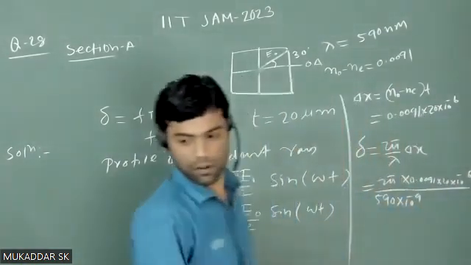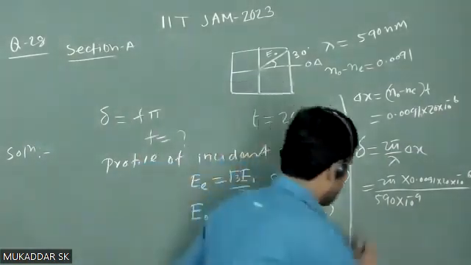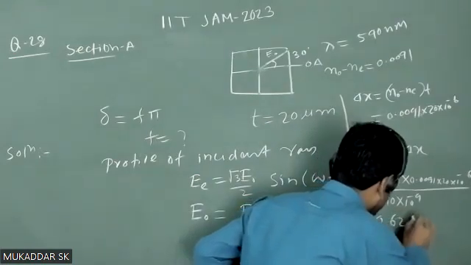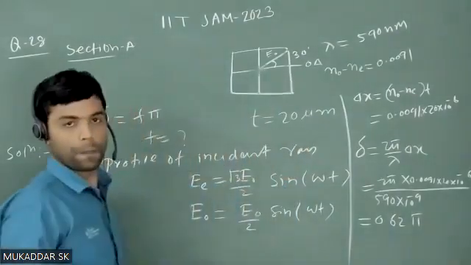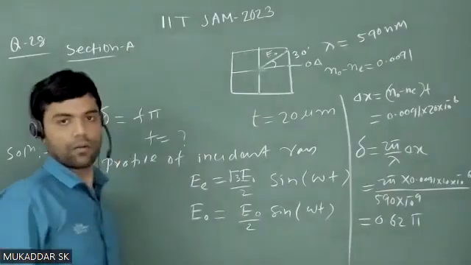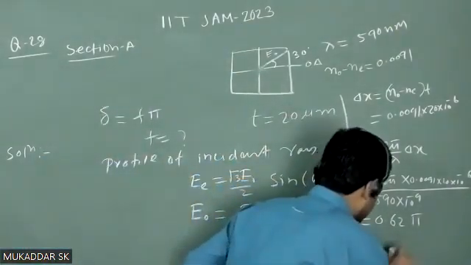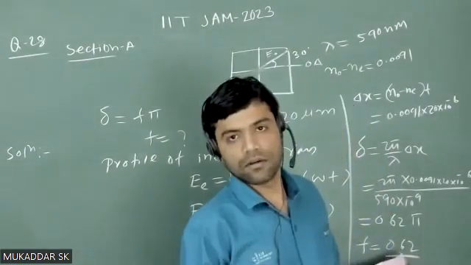If you calculate this, you will get 0.62 into pi. So this is the phase difference of the E ray and O ray after transmission, and the value of f is 0.62, which was asked to calculate.